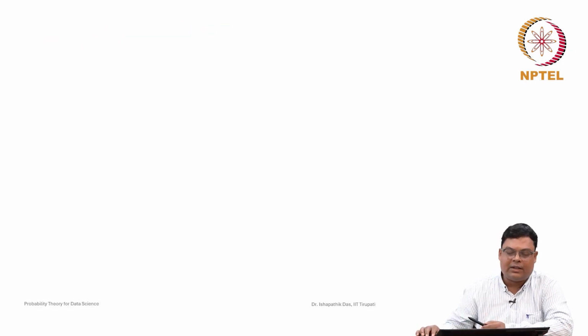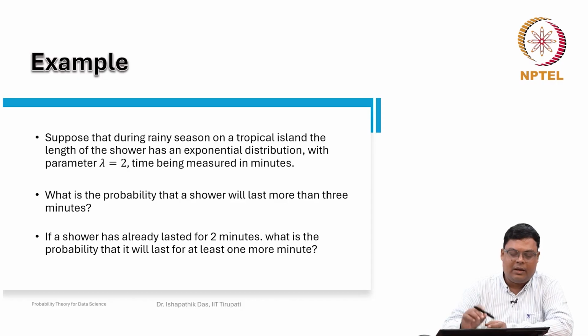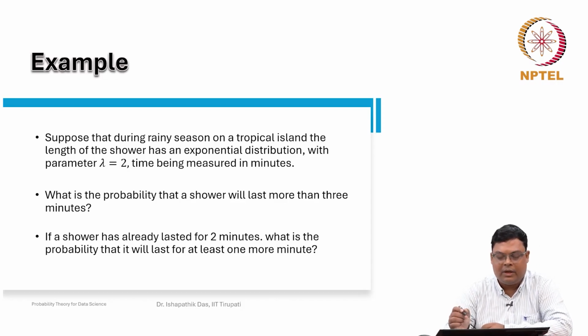So, let us discuss some numerical examples. Suppose that during the rainy season on a tropical island, the length of a shower has an exponential distribution with parameter lambda equal to 2, time being measured in minutes. What is the probability that a shower will last more than 3 minutes?